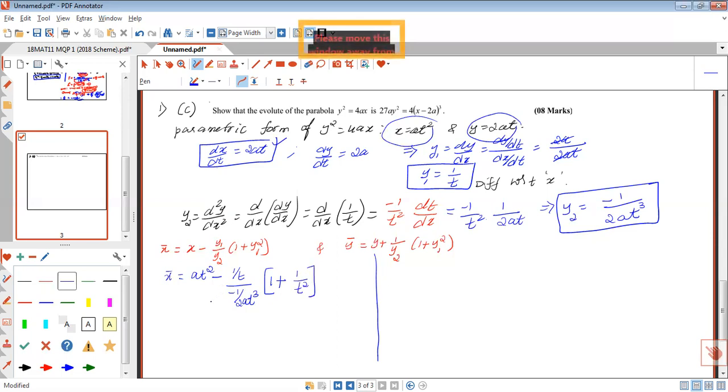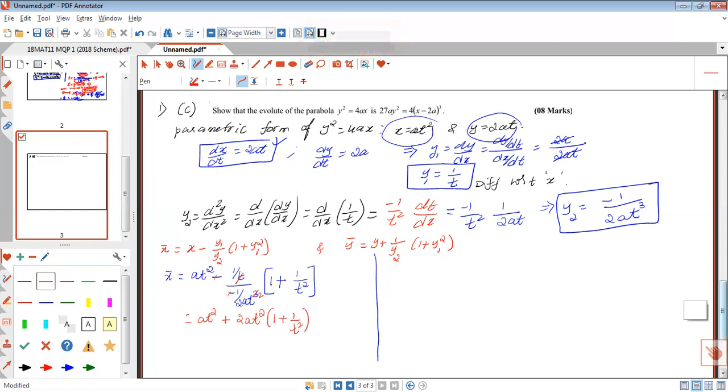Right? So here one of the t gets cancelled, so t square remaining, that is a t square, minus into minus becomes plus, denominator of denominator is numerator, that is 2at square times 1 plus 1 by t square.